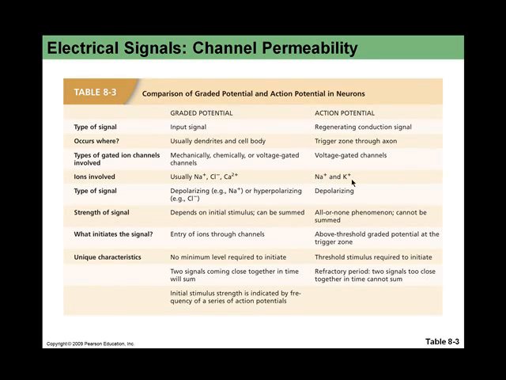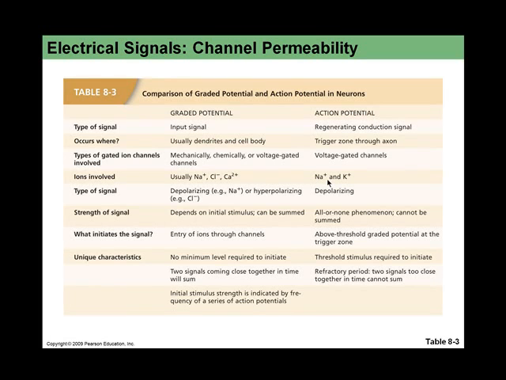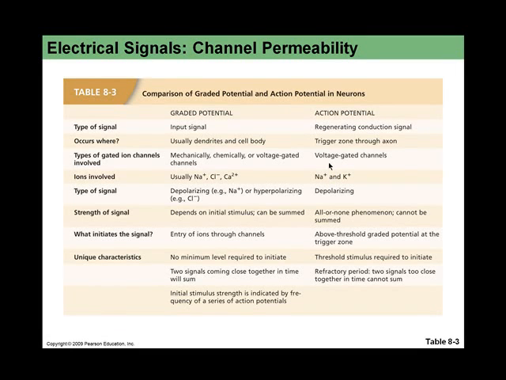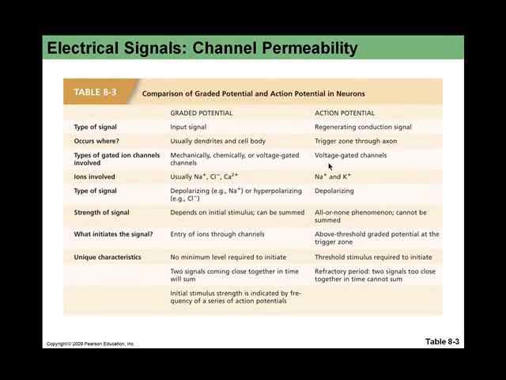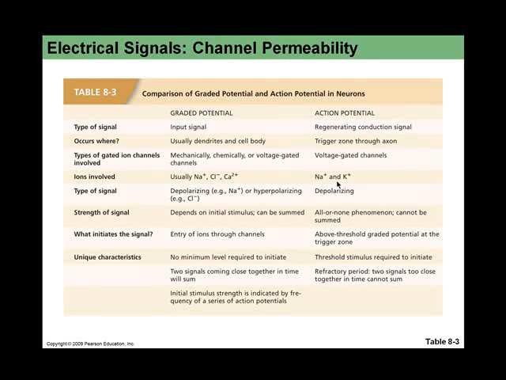This will depolarize the membrane, this will repolarize the membrane as far as producing a square wave pulse like a digital signal, right? Sodium goes up, you're on, sodium comes in, membrane potential increases, then that sodium channel closes, potassium opens finally, and potassium escapes the cell, and the membrane polarity comes back.